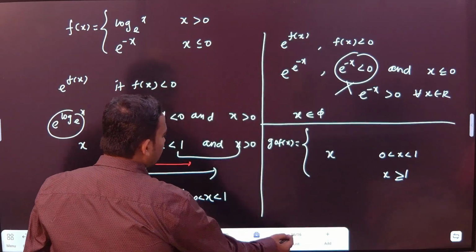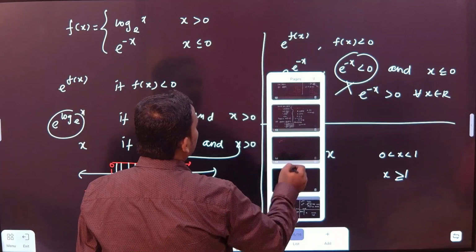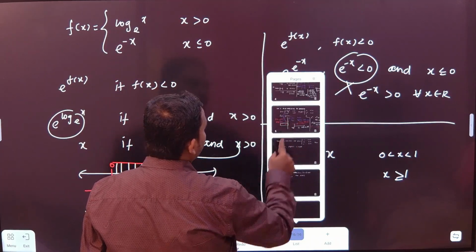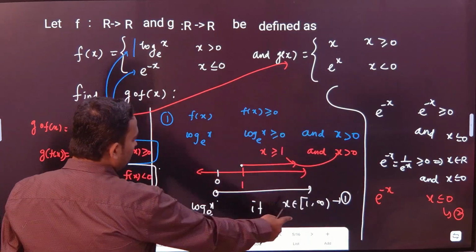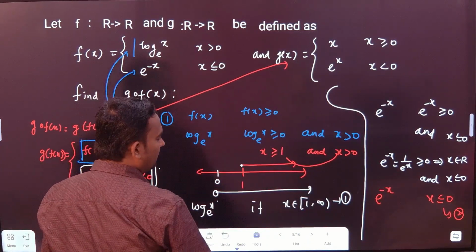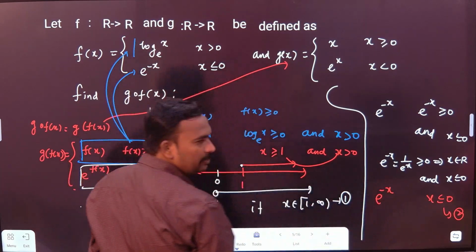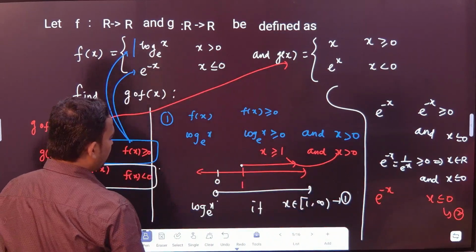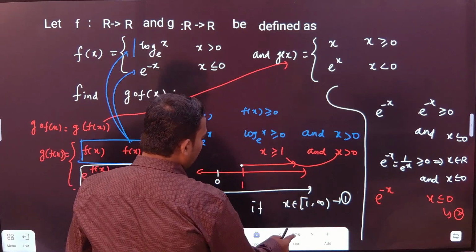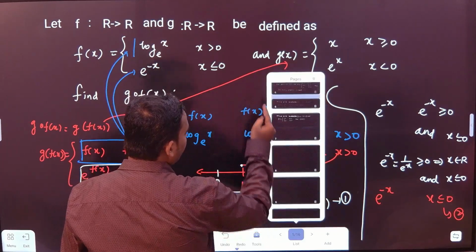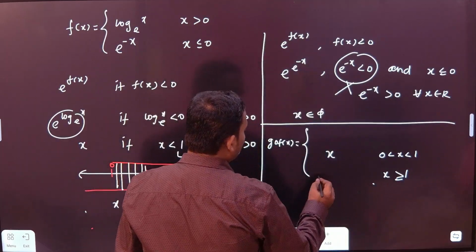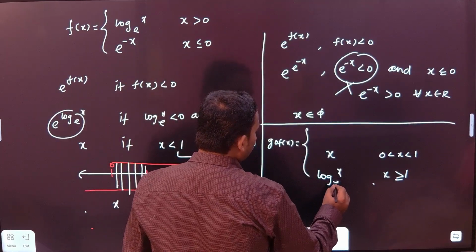In that case you can see what function we got. If x is in 1 to infinity, that means log x base e.